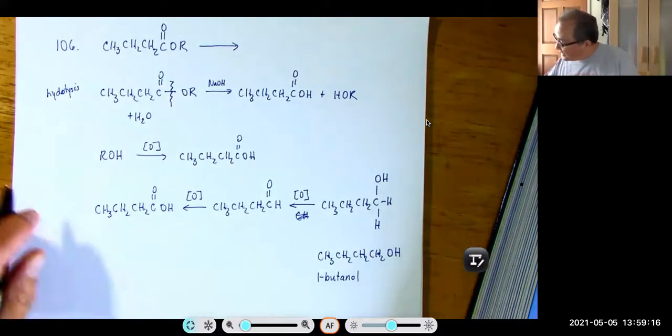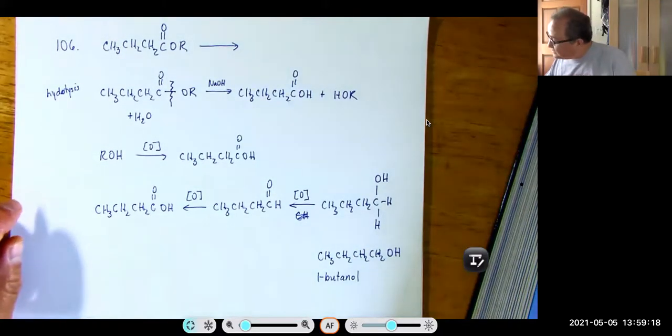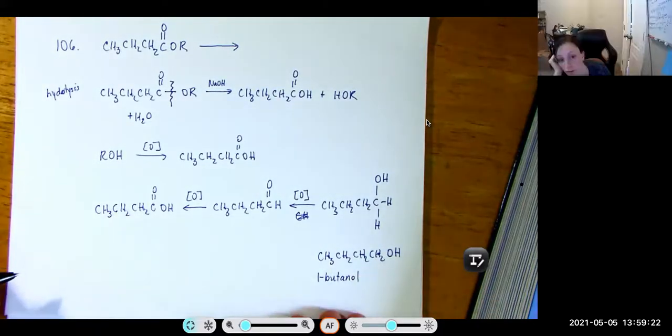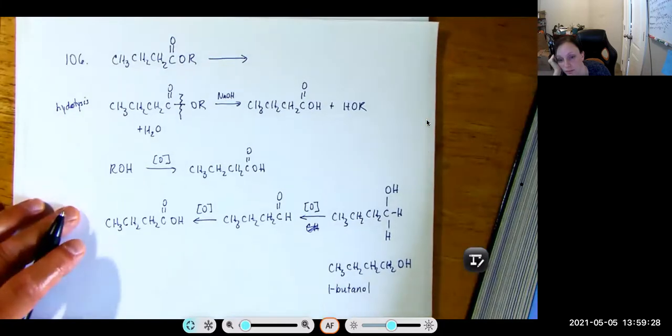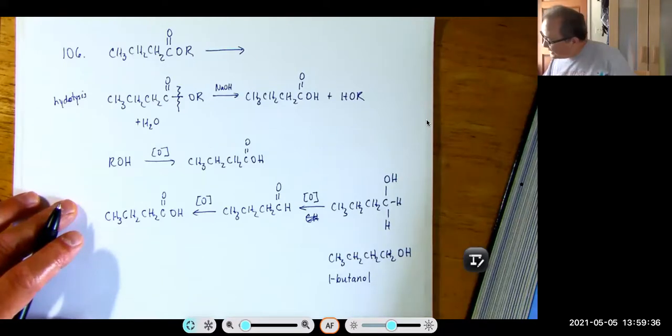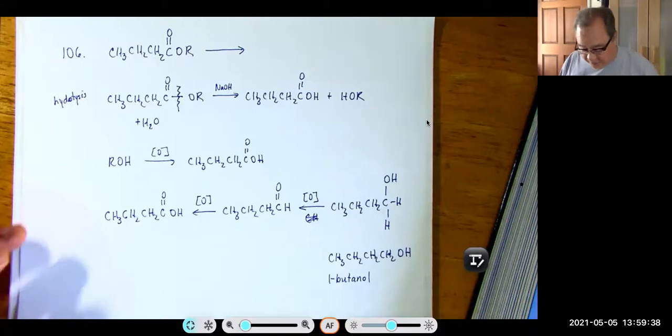So that is the alcohol A. Oh, wait, it says it's a structural isomer of butanoic acid.